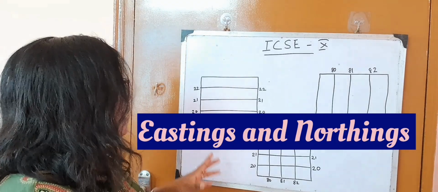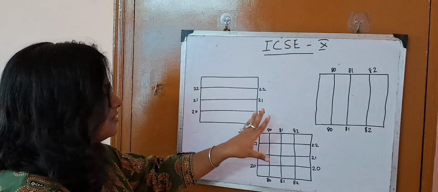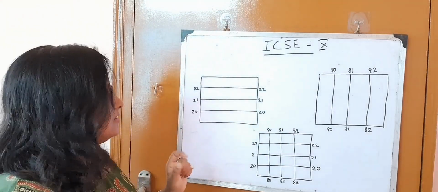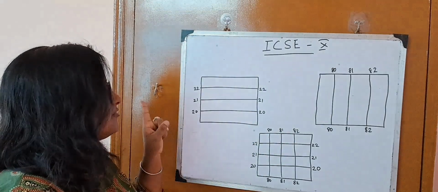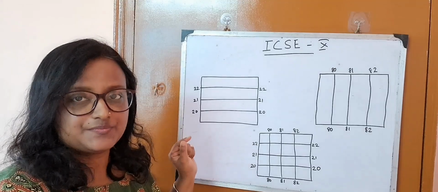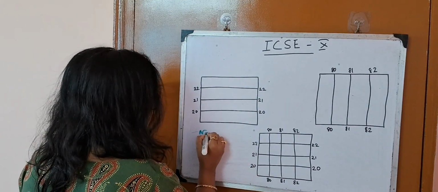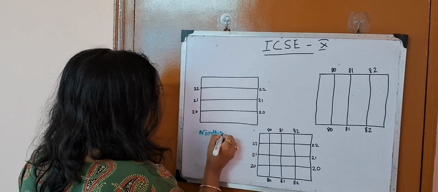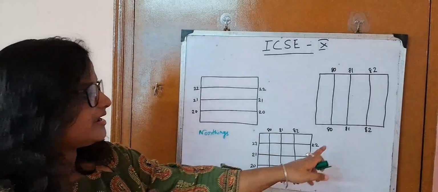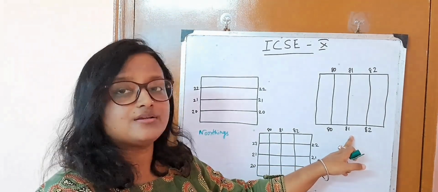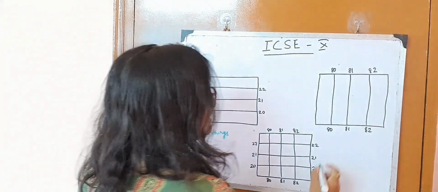So, on the board, I have drawn these figures. Here, the lines that run horizontally are called northings, and in this picture, the lines that run vertically are called eastings.